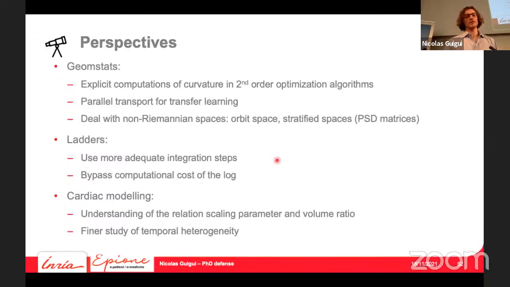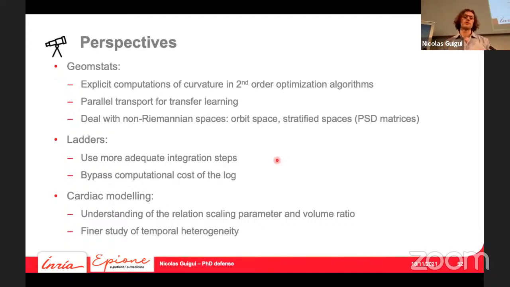And then we could deal with non-Riemannian spaces, for example, orbit spaces or stratified spaces that occur in many applications. For example, with positive semi-definite matrices, which occur in applications, but there is no adapted framework to deal with them. Then ladder methods could still be improved.